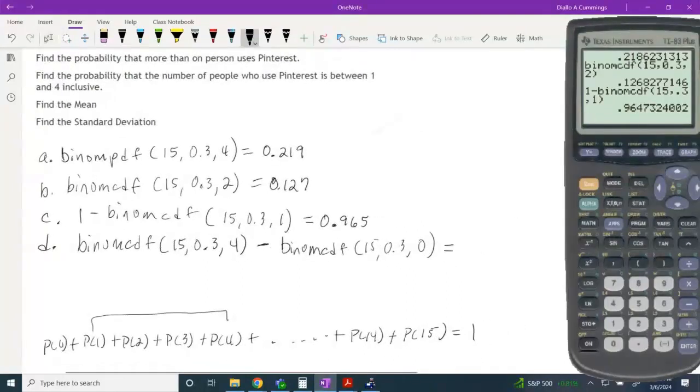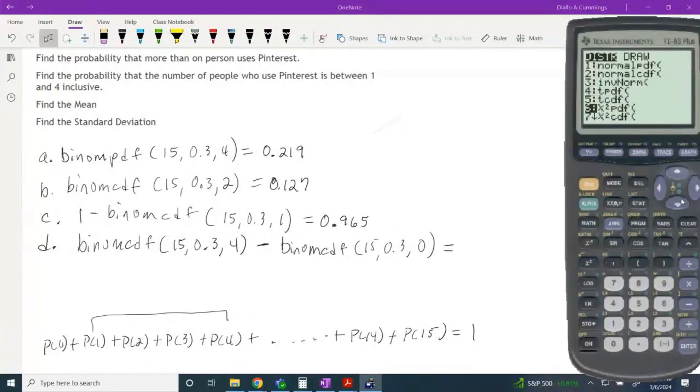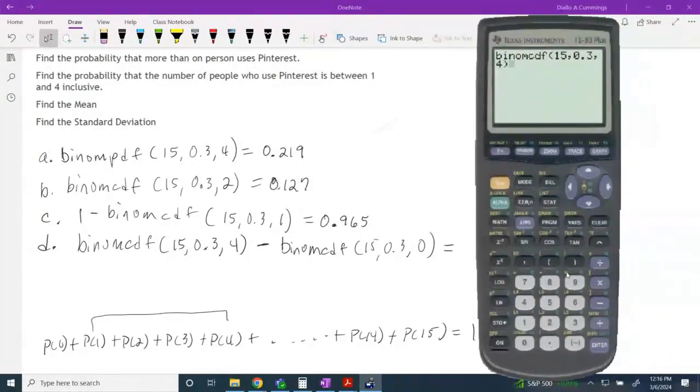So this is going to equal binomial CDF 15, 0.3, 4. Oh, I'm sorry. Okay, 4. So that's going to give me from 4 down to 0. But I'm going to subtract out the binomial CDF 15, 0.3, 0.